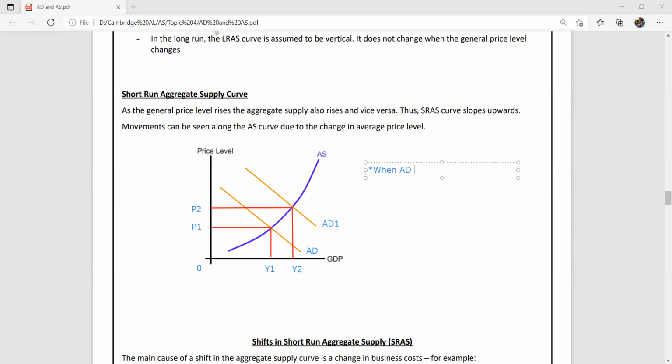When aggregate demand increases, there is an expansion of aggregate supply, and therefore real output increases from Y1 to Y2. The other way around is the same.